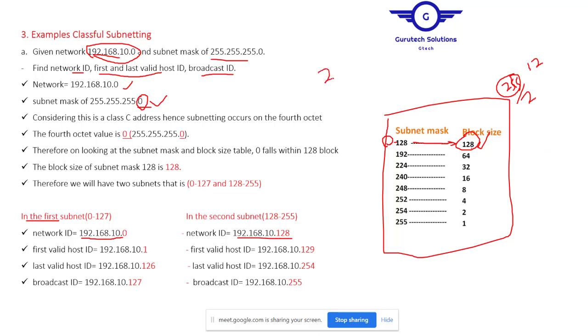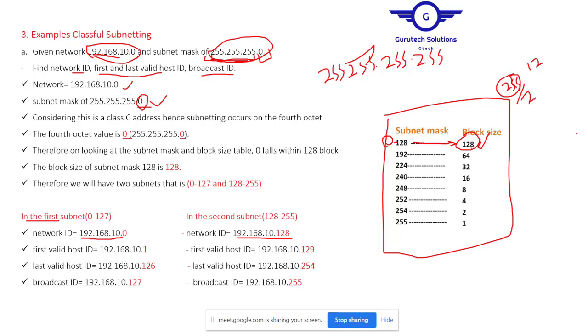A complete subnet mask is always 255.255.255.255. But for a class C, it always looks like this: 255.255.255.0. So the 255s represent the network portion, while the 0 represents the host portion.